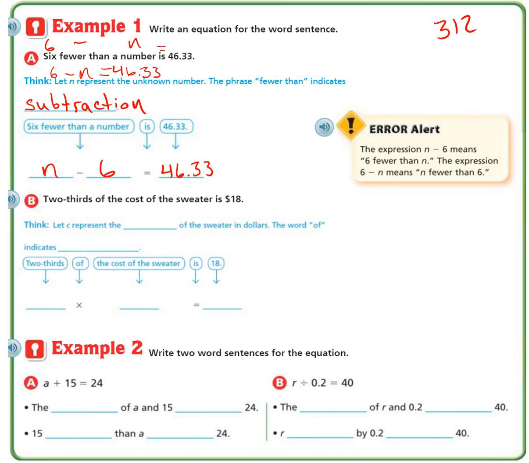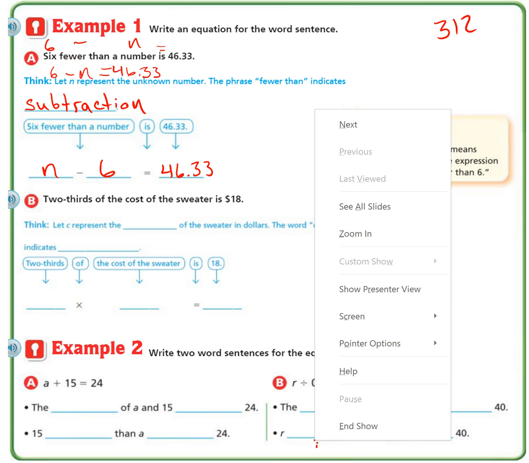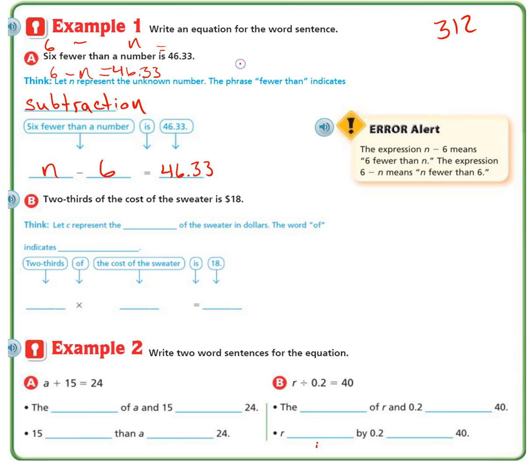Well, if we read carefully, it says 6 fewer than a number. 6 fewer than a number, not 6 fewer than, or we're taking a number away from 6. We're not taking 6 away from a number, okay? I know it's kind of semantics there. It sounds like it's very wordy, and it is, but you have to read carefully.